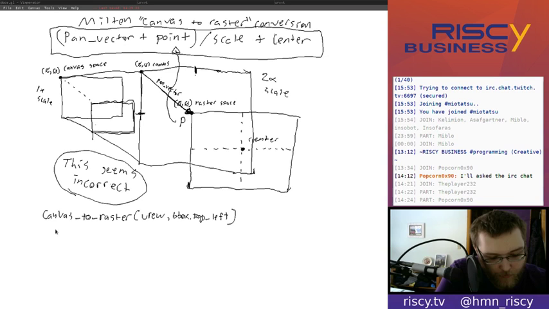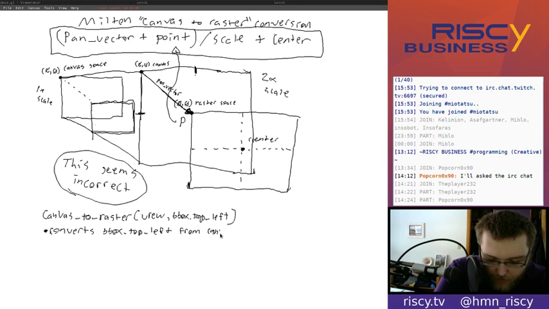So it converts bbox dot from canvas space to raster space.